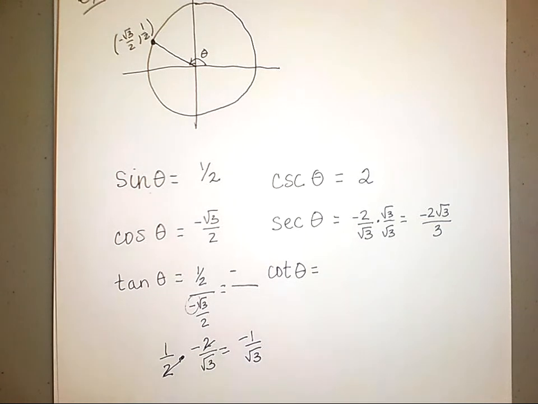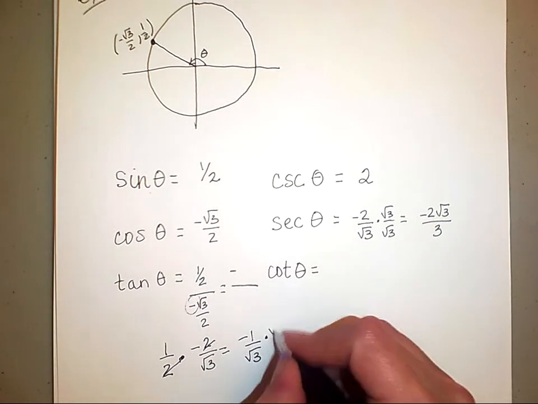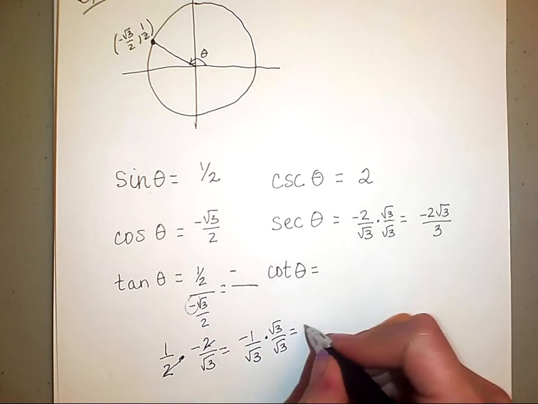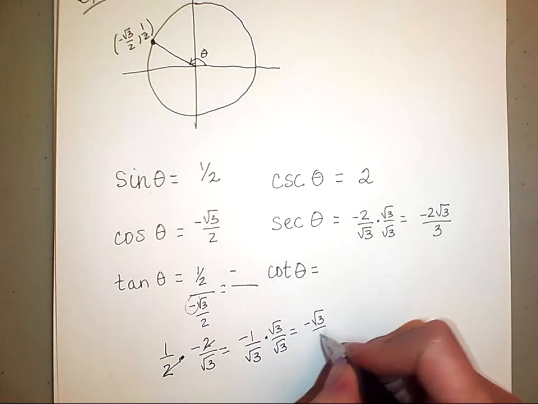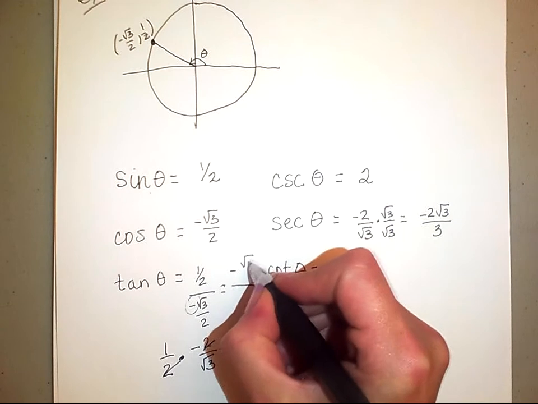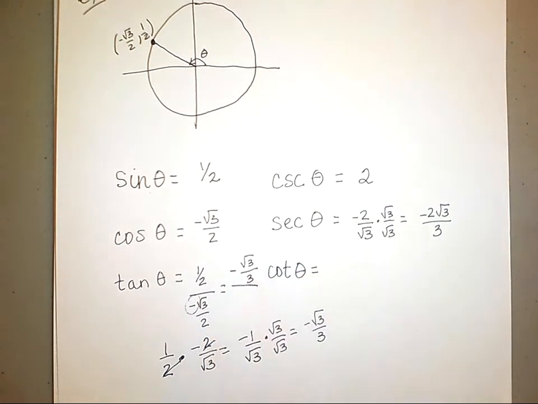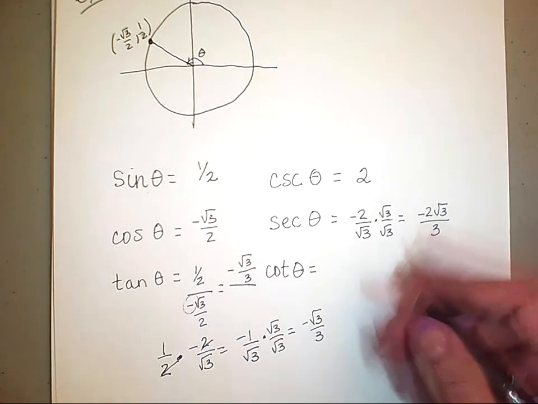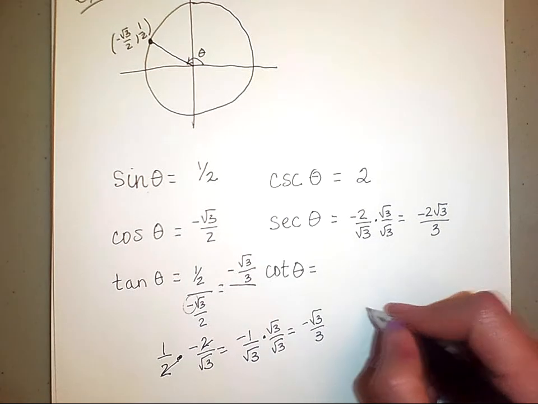But we'll rationalize that to get negative square roots of 3 over 3. That's our tangent's value. Okay, I could take the reciprocal of this for the cotangent, so that's negative 3 over square roots of 3.